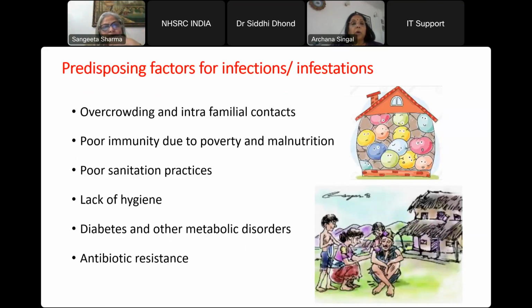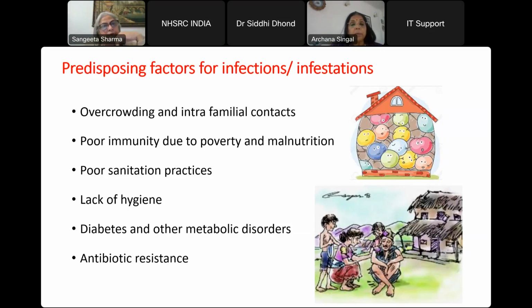So all these kinds of infections have some predisposing factors. They are more in certain populations, like in areas where there is overcrowding and intrafamilial contact with bacterial or fungal infection. Poor immunity, which can be because of poverty and malnutrition, which is very prevalent in certain sections in India.